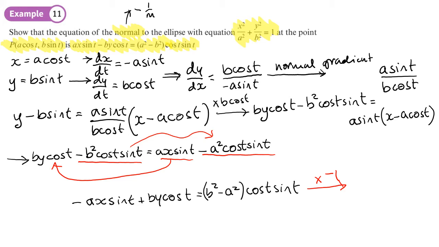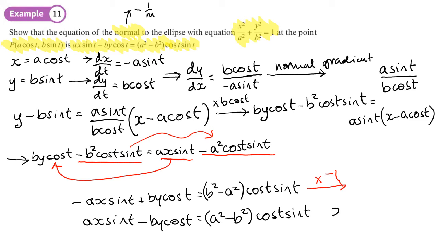So that will now give me the ax sine t minus by cos t equals, now if I multiply the bracket by -1, the terms effectively swap over and we get the result as required.